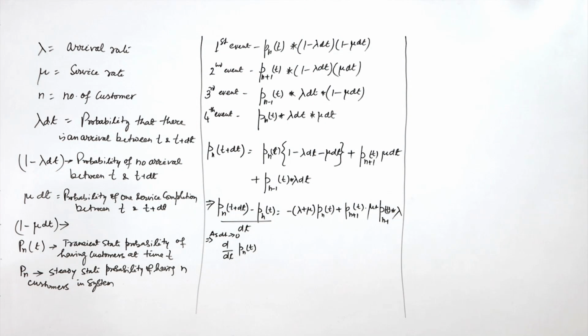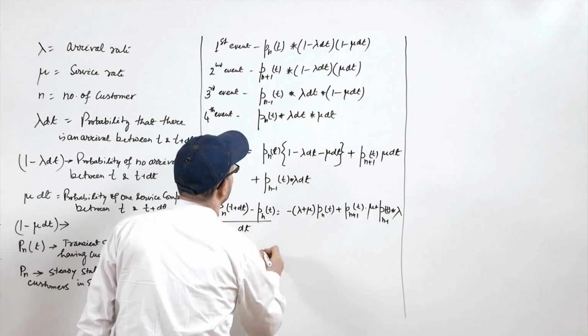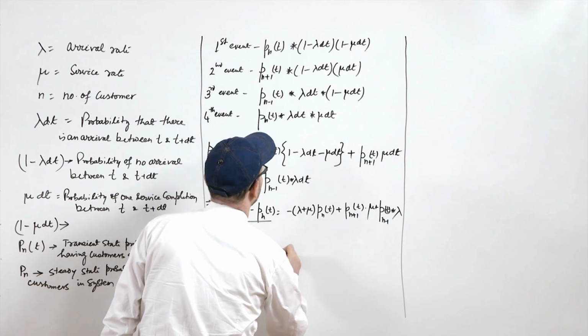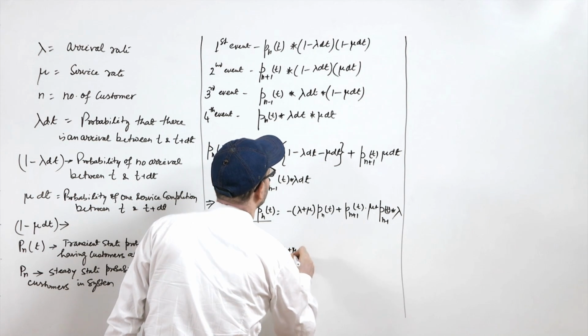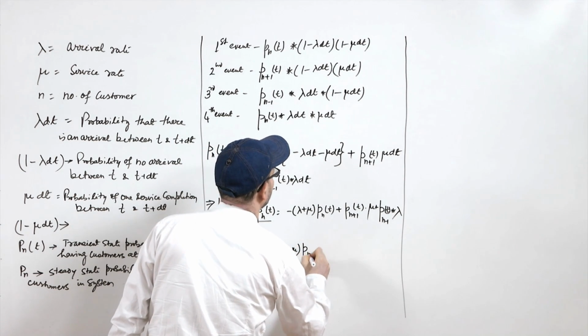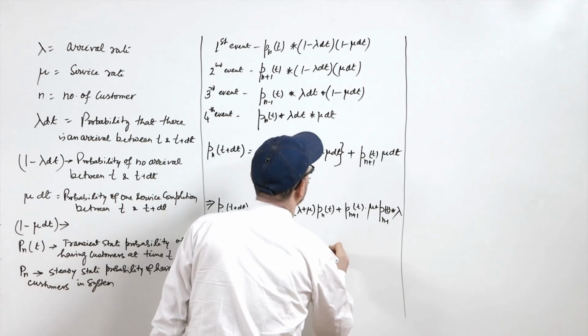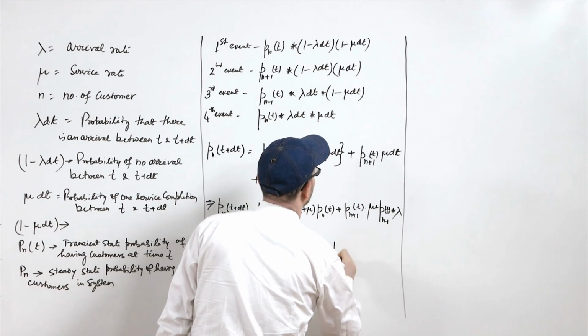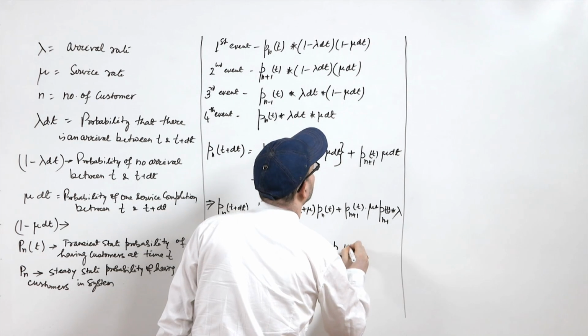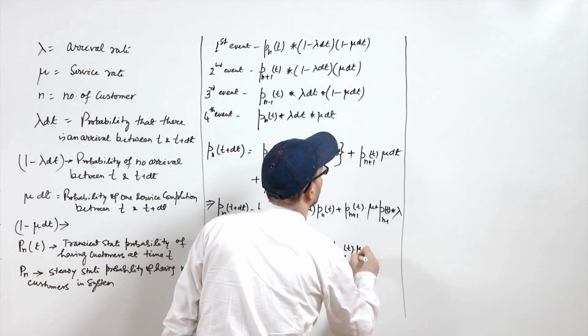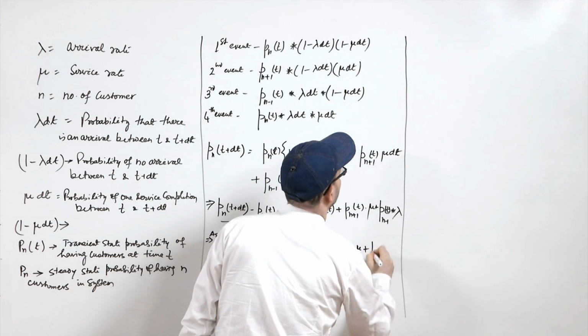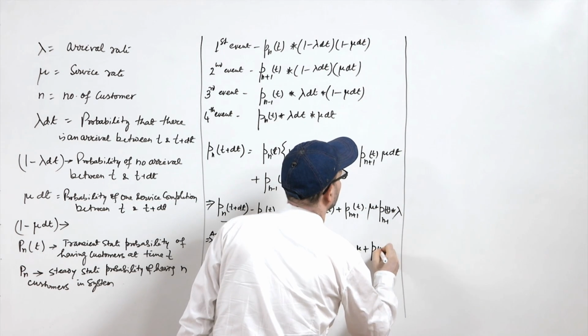So, d by dt of P n (t) will be minus of (lambda plus mu) P n (t) plus P n plus 1 (t) into mu plus P n minus 1 (t) into lambda.